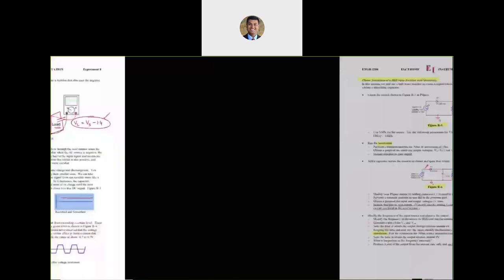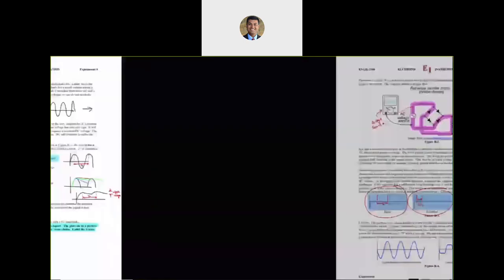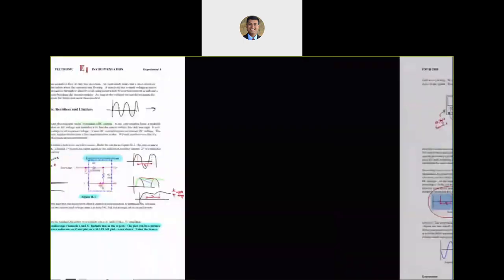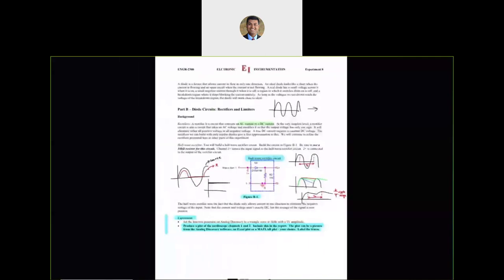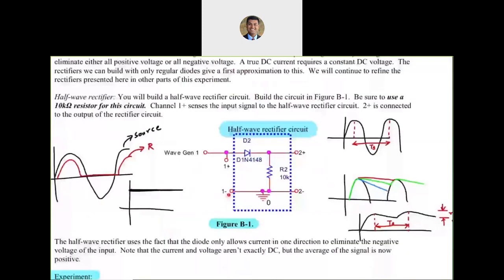So let me go back here and let's set up figure B-1. Very simple. It's going to be one diode, one resistor, and it shouldn't take too much time. We will have channel 1 measuring the wave gen, and then channel 2 measuring the voltage across resistor R2. So let's quickly set this up.